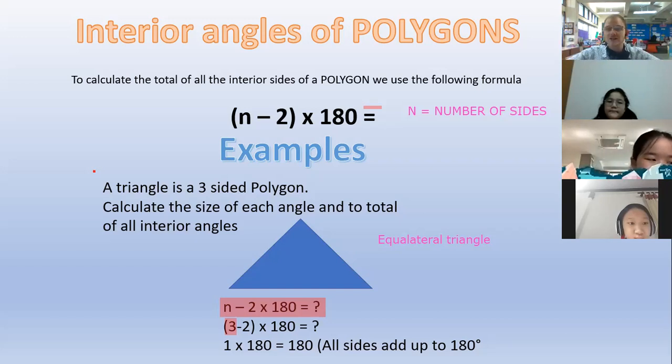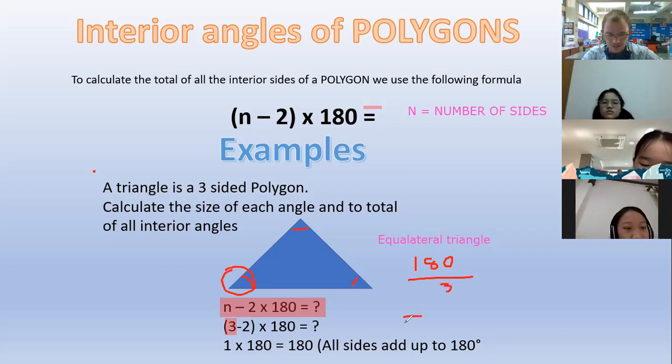So the sizes of all the interior angles add up to 180. If we want to calculate one angle, you take the total 180 and divide by the number of sides, 3. So 180 divided by 3 gives us 60 degrees for each angle.